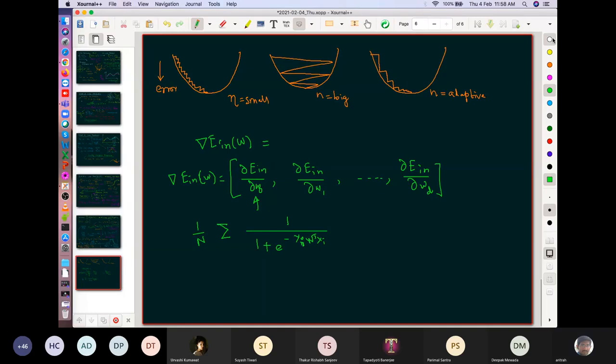Yes or no? Yes, sir. And a minus here. Right? So in this way, you keep on doing it for every term and take this as a vector. That's what this will result in.